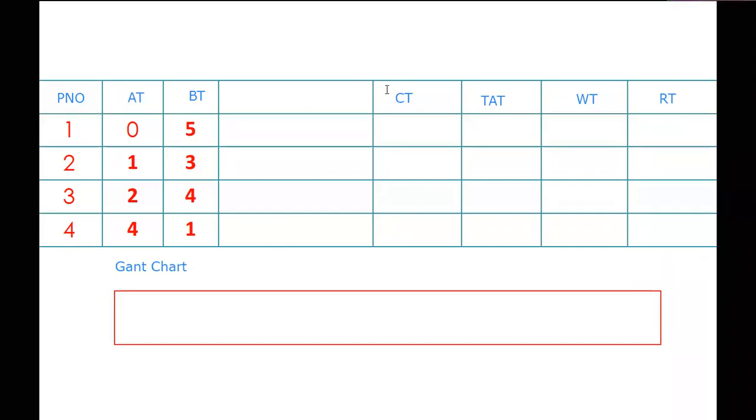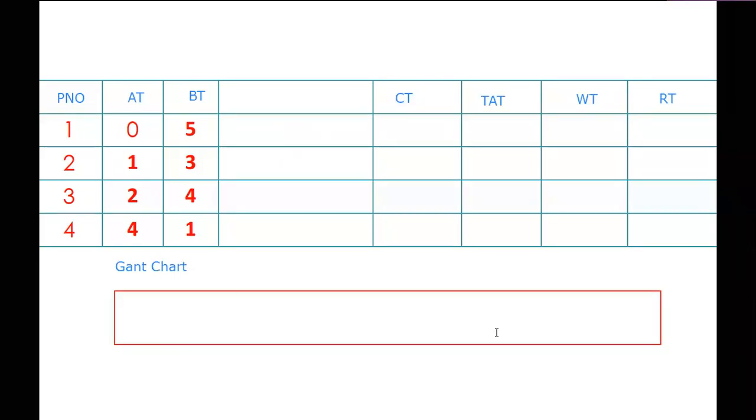Whenever a process arrives, the time when you first allocate it the CPU is called the response time. In preemption, we allocate the CPU, take it back, and then allocate it again, so the same process gets the CPU multiple times. The response time means when it first got the CPU, that is, when it could actually start its work.